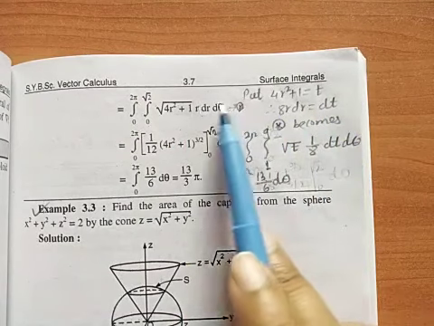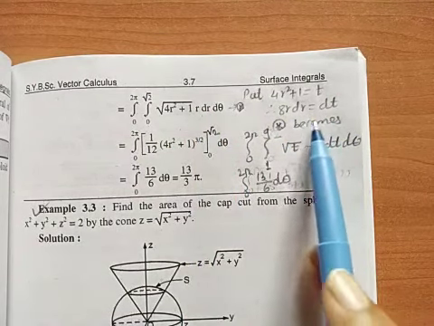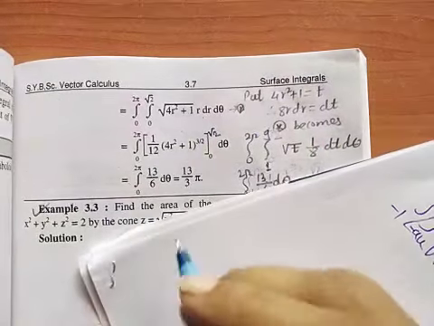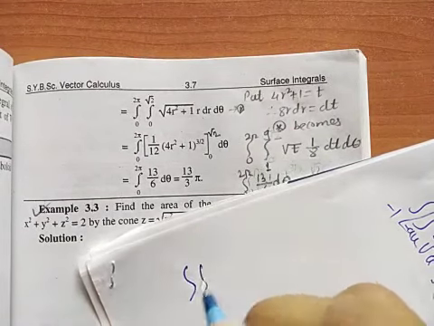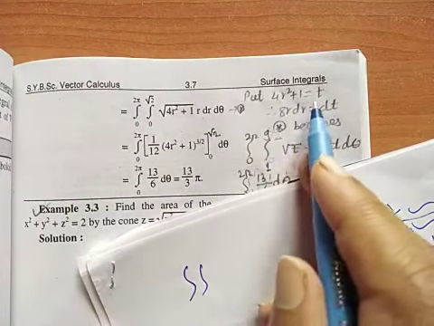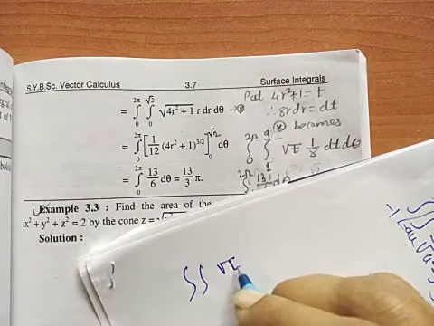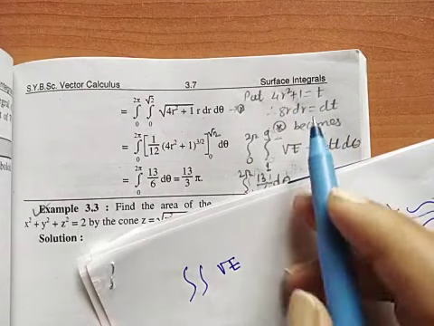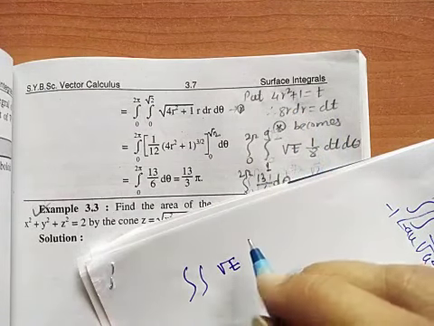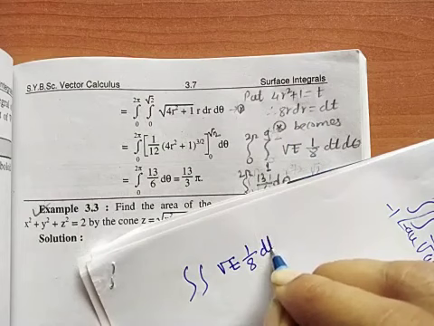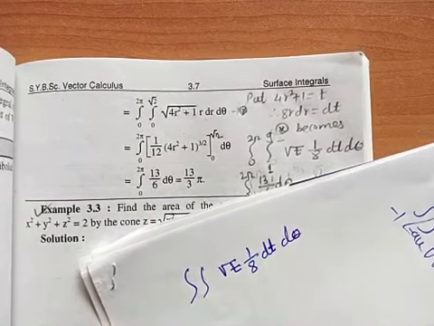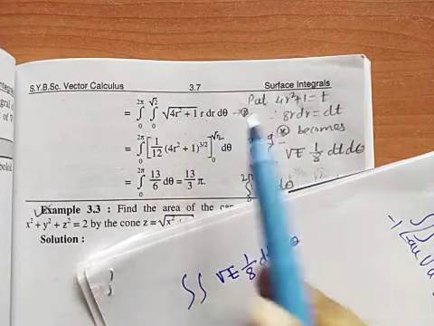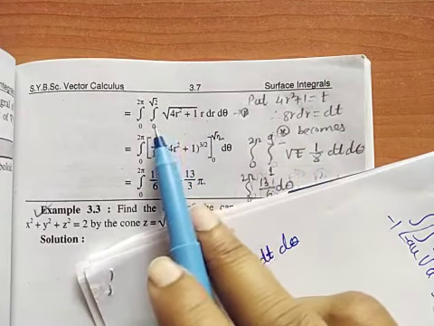So let us do that substitution here, and by this substitution we get the double integration of the square root of t, and since 8r dr is dt, r dr will be dt upon 8, that is 1 upon 8 dt, and then dθ. Now the limits of r are 0 to root 2.